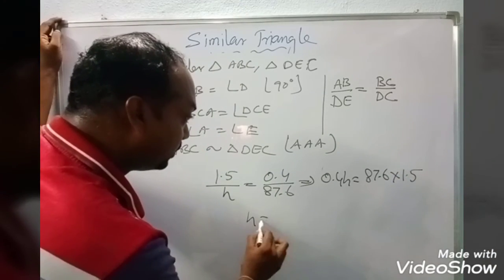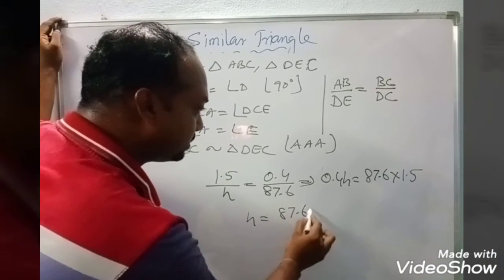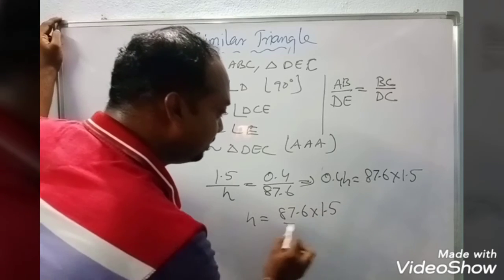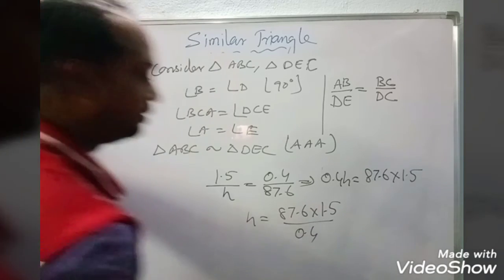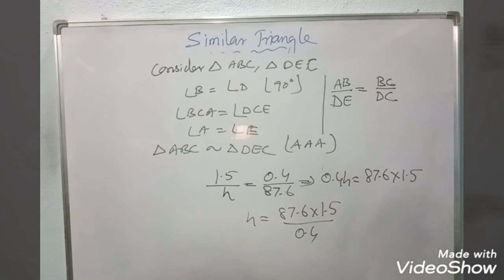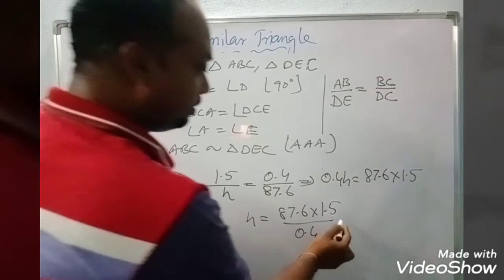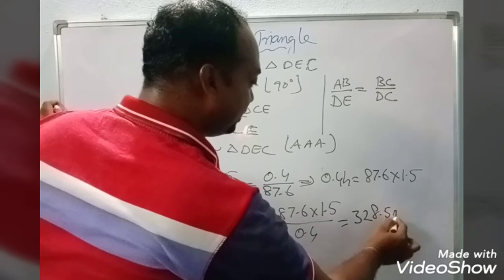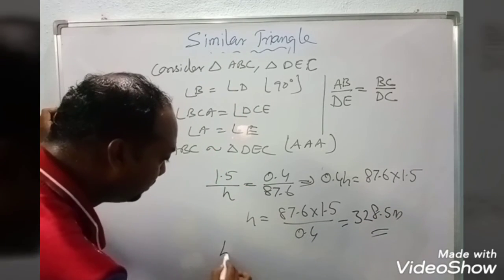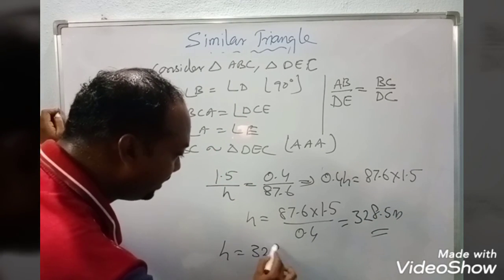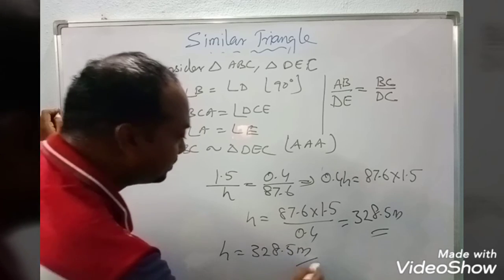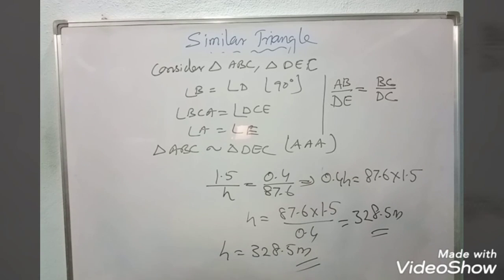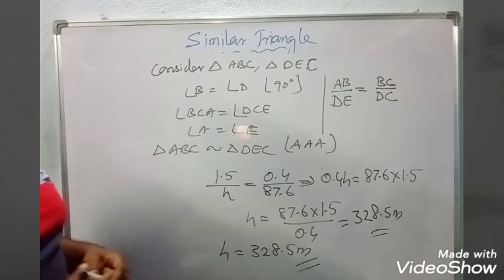Now H is equal to 87.6 into 1.5 divided by 0.4. Now if I cancel these all, you will get 328.5 meter. So the height of the tower is 328.5 meters. Like this we are finding your missing terms by using your similarity rules.